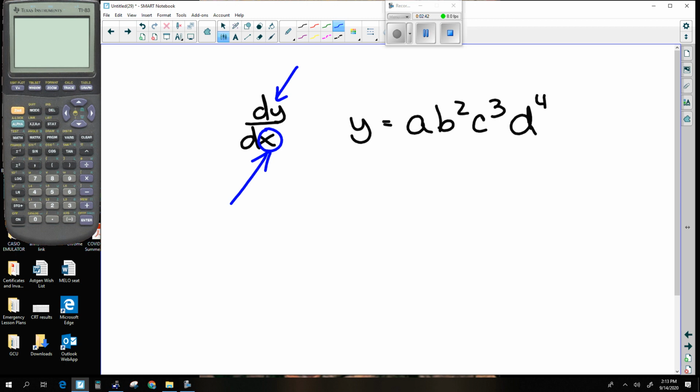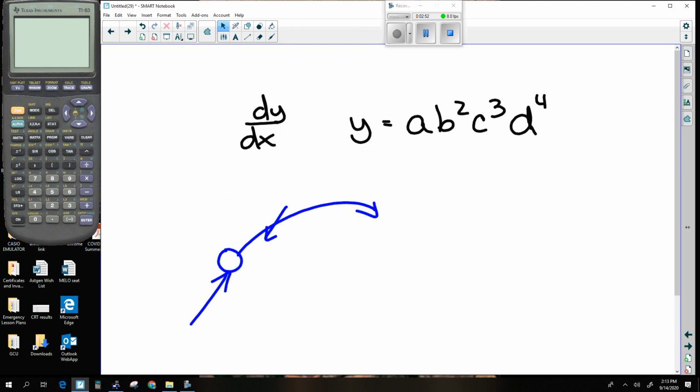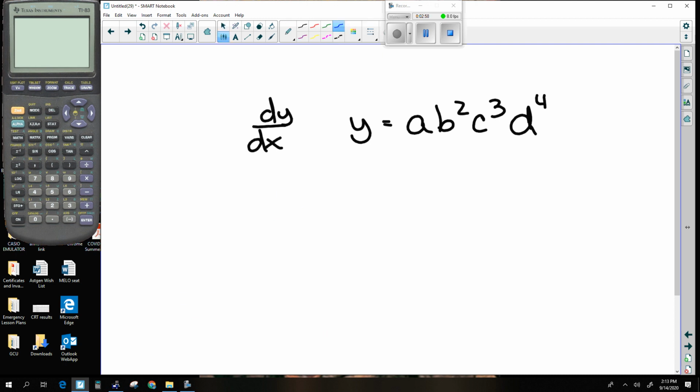What this is saying is this has to be the letter that you're taking the derivative of. We're not quite to the point of what is called implicit differentiation, but what I want you to know right now is this is the letter that you're focusing on. But it is totally legal, if necessary, to change that letter.